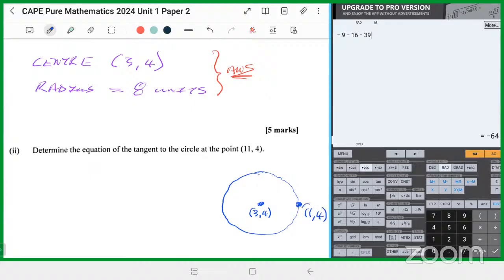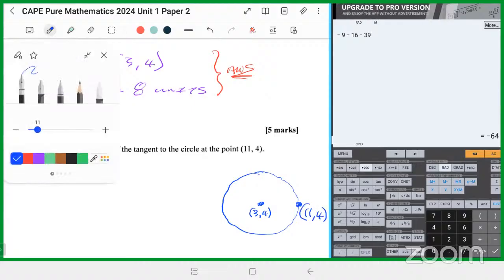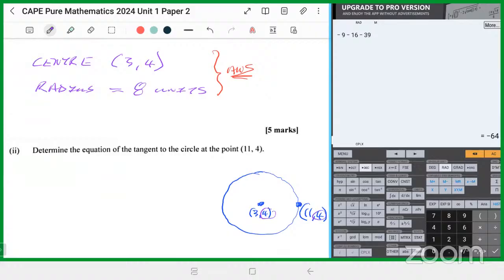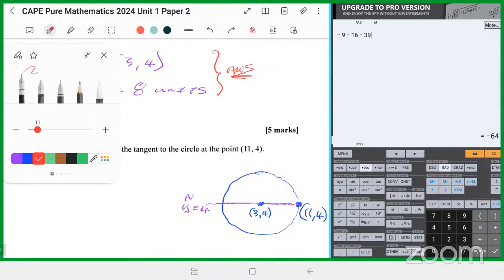You have to be smart, because it means that your normal is a horizontal line with the same y value. It's not requiring a calculation. This is a normal horizontal line passing through 4. So your normal is the line y equals 4. The tangent is going to be vertical and pass through that same point, like so.